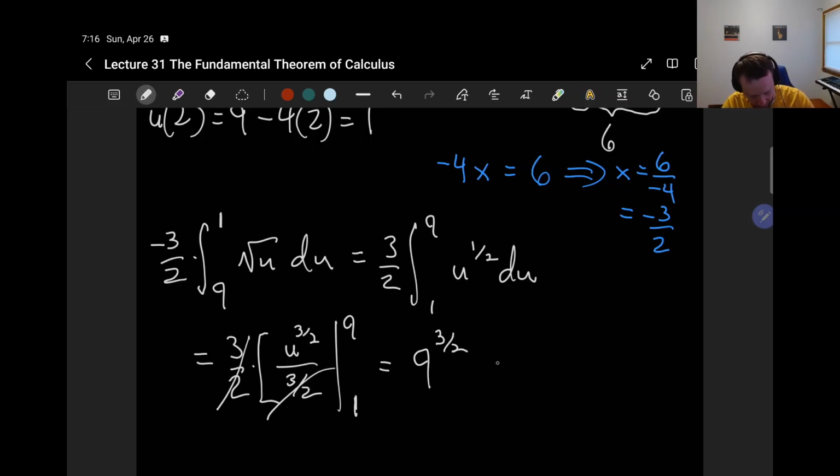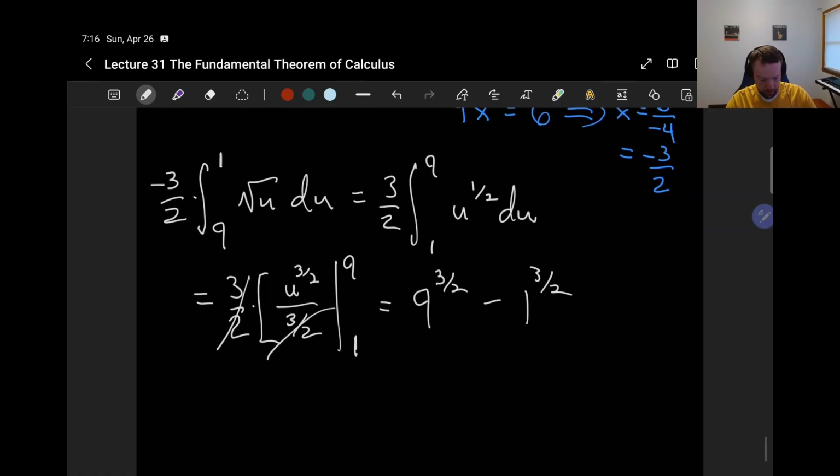So 9 to the 3/2 minus 1 to the 3/2. Well, 1 to the 3/2 is always 1. 1 to any power is 1. Well, 9 to the 3/2, think of the half part of the exponent as the square root. So this is the square root of 9 cubed.